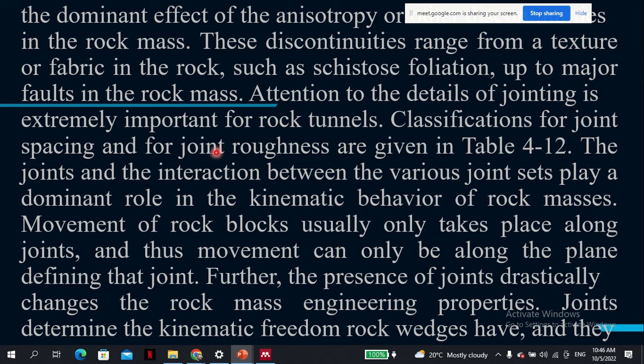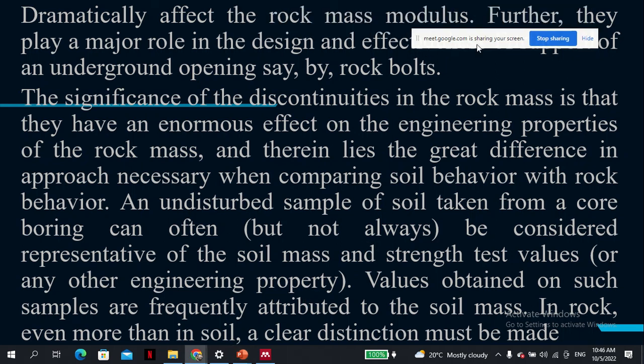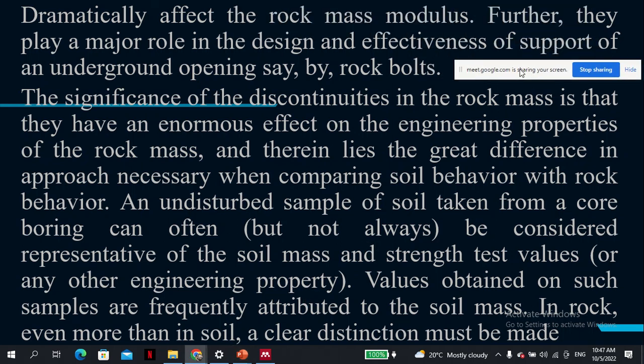Joints determine the kinematic freedom that rock wedges have, and they dramatically affect the rock mass modulus. Further, they play a major role in the design and effectiveness of support on underground openings, say by rock bolts.